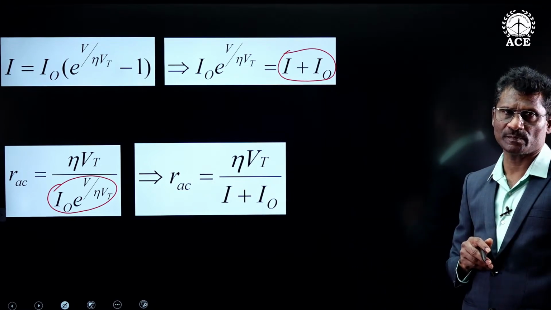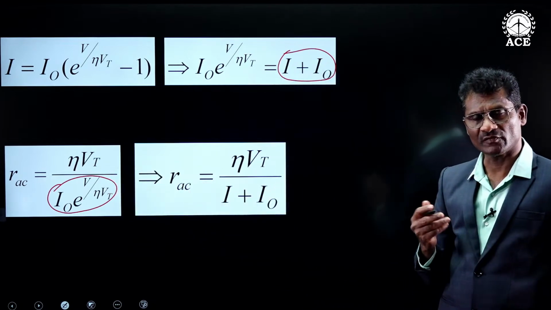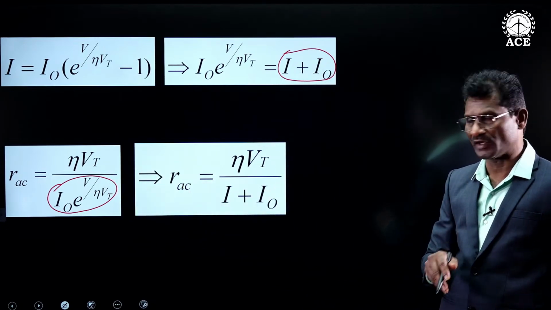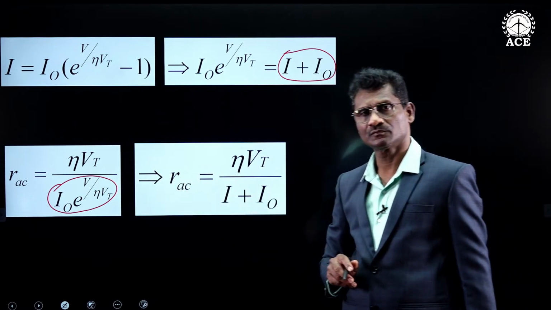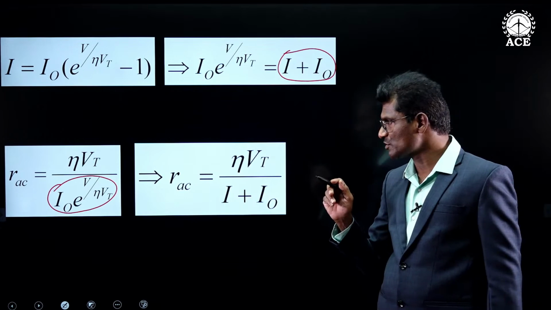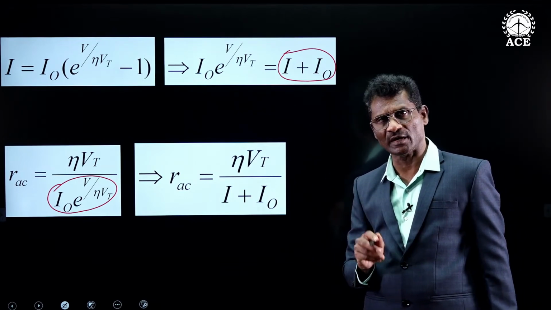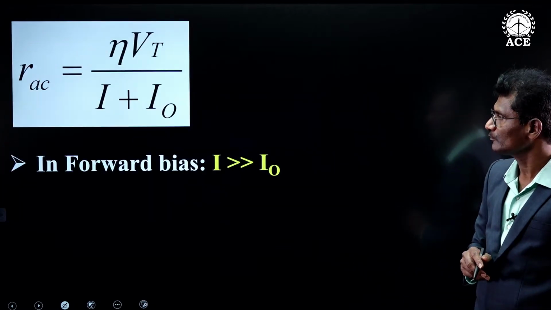Suppose in a problem statement, I naught and voltage, either reverse bias or forward bias, is given, then use this equation. Remember that both equations are valid. Which equation is to be used depends on what data is supplied in the problem statement.